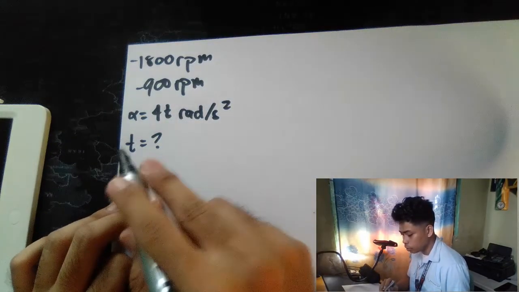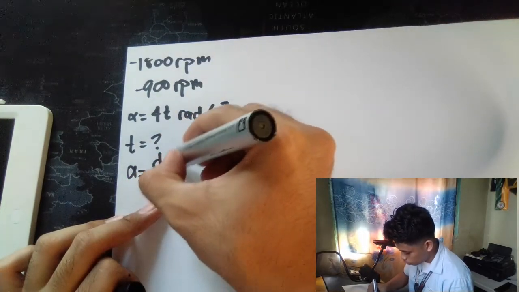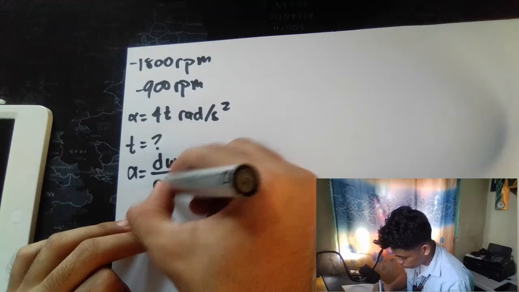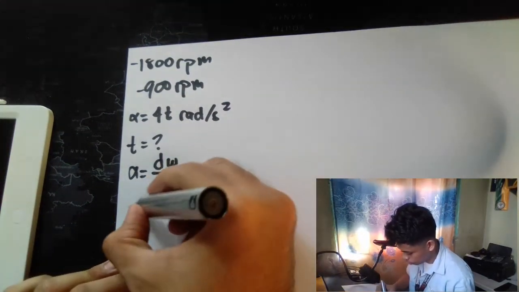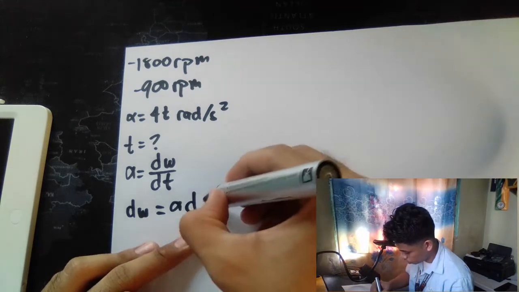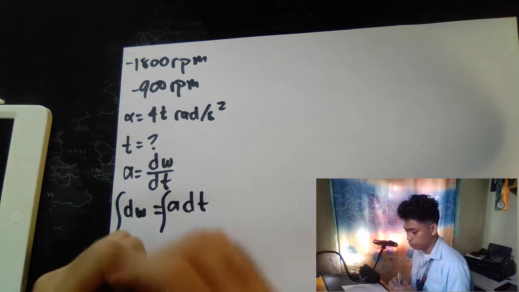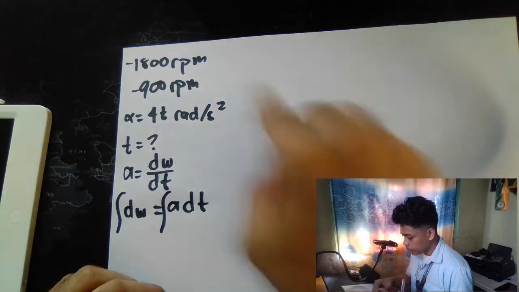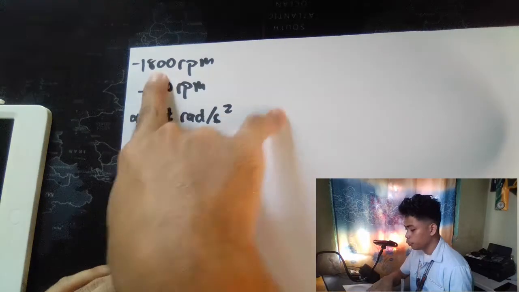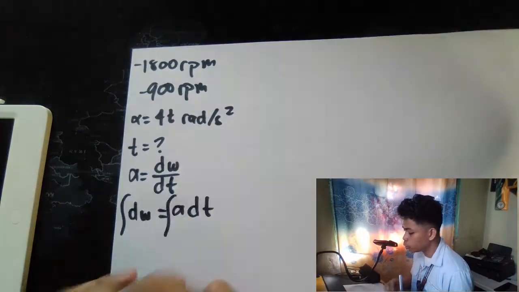To find the time, we will use the formula of acceleration equals dω, the derivative of angular speed with respect to time. Rearranging, dω equals acceleration times dt. Then we integrate both sides. Since our acceleration is in rad per second squared, we need to convert the 1800 RPM and 900 RPM into rad per second.